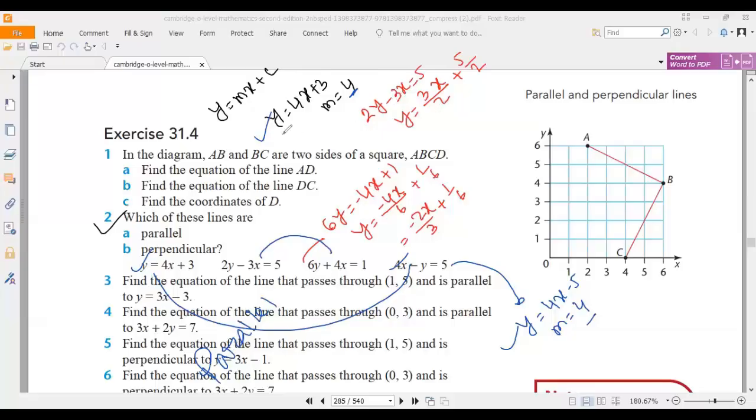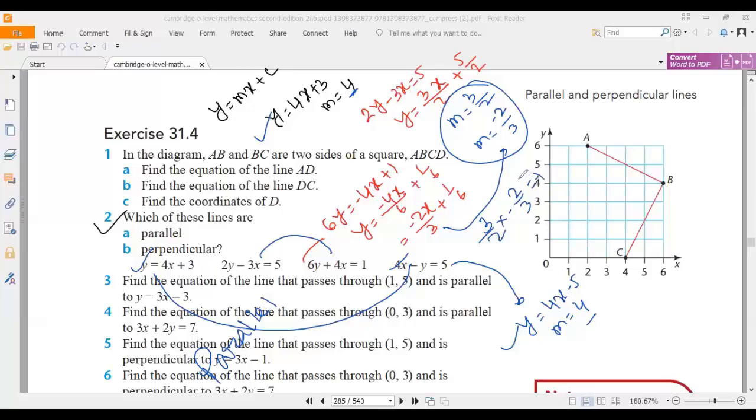If we look at 2y minus 3x equal to 5, we can find that the gradient is 3 by 2. And for 6y plus 4x equal to 1, the gradient is minus 2 by 3. If we multiply these two, 3 by 2 multiplied by minus 2 by 3, that is negative 1.